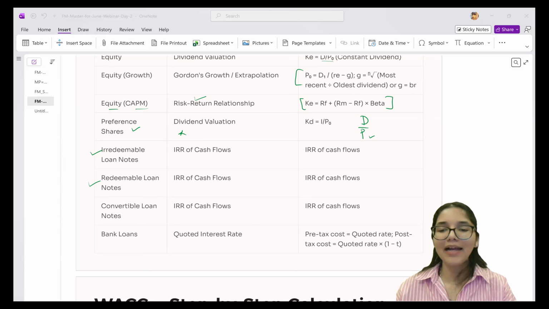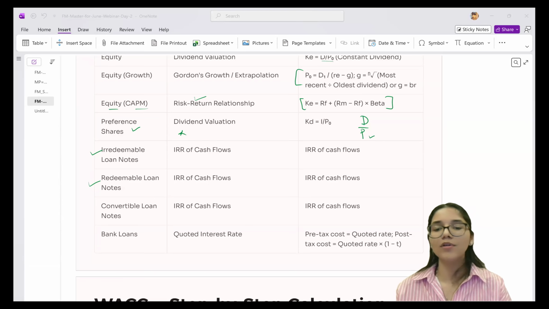For the redeemable and the convertible loan notes, we take the IRR of the cash flows. But for the irredeemable loan notes, we use pretty much the same formula that we have for the preference shares.